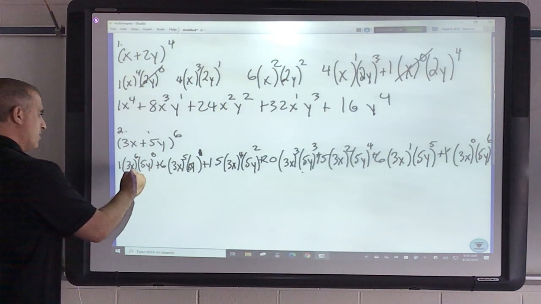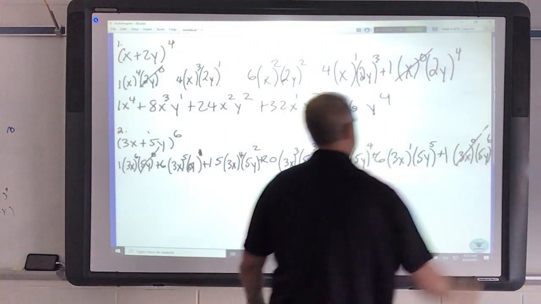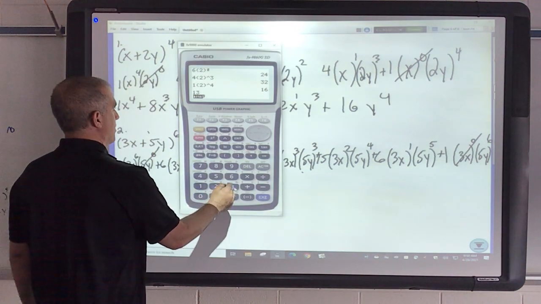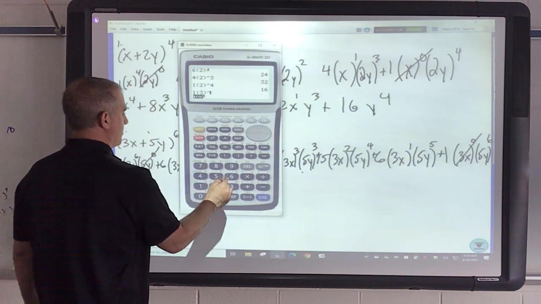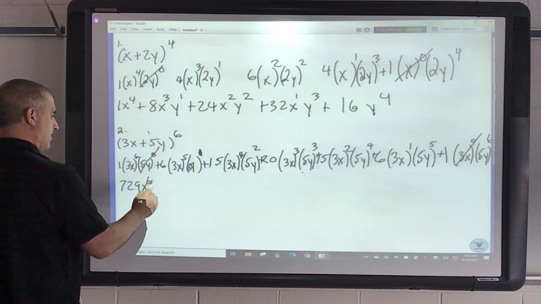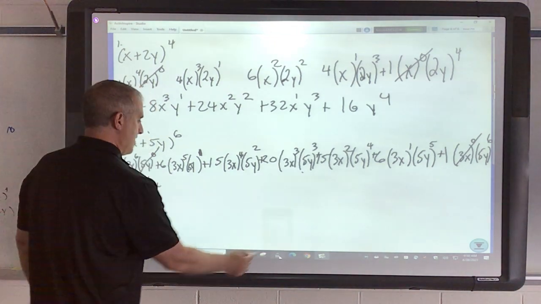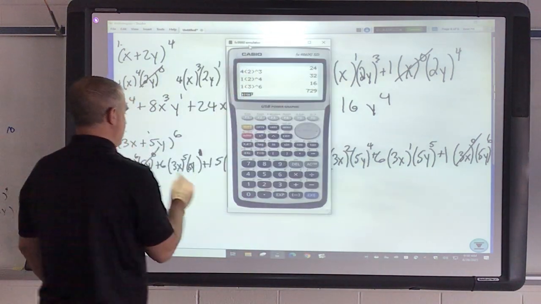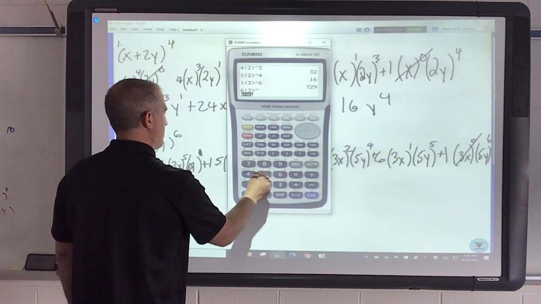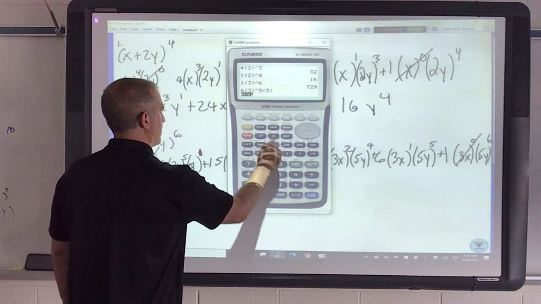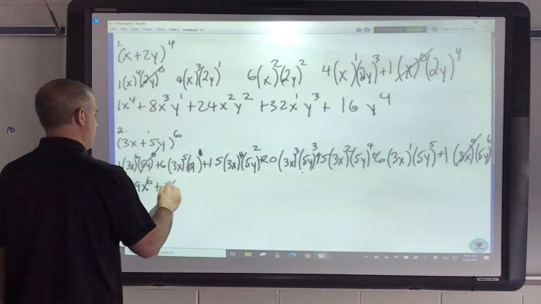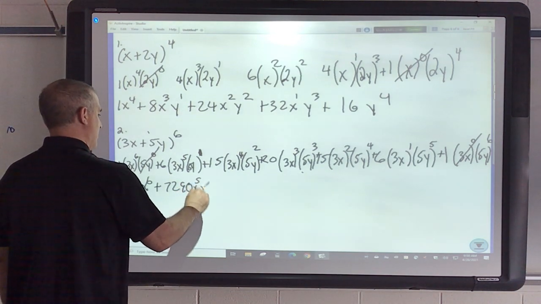So what you got to do, we know the 0 ones go away. Let's just get rid of those right off the bat. So what this would be is 1 parentheses 3 to the sixth. That's 729. So it's 729 x to the 6th. What's the next term? I would have to do 6 times 3 to the fifth, 5 to the first. 7290 x to the 5th y.